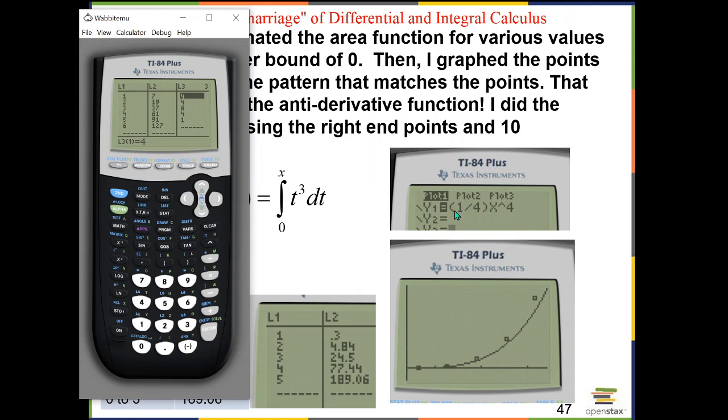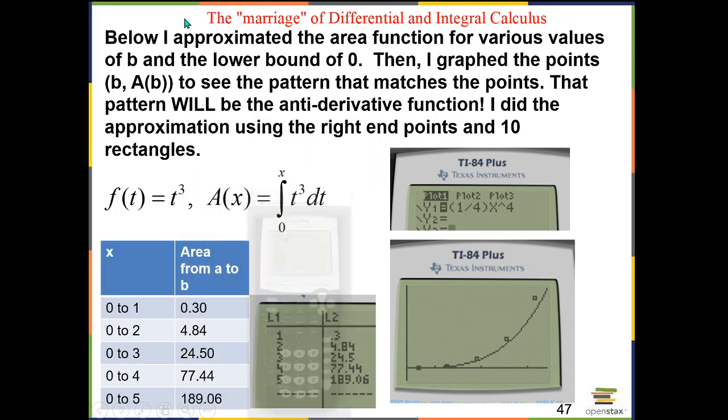And then to graph the antiderivative, you can go to y equals and just put the antiderivative function there and graph it. I use GeoGebra to demonstrate this because GeoGebra does this much quicker. It not only calculates all of these, but graphs them at the same time, right?